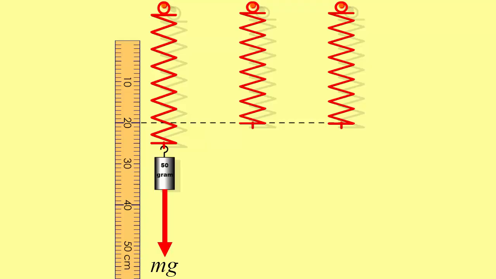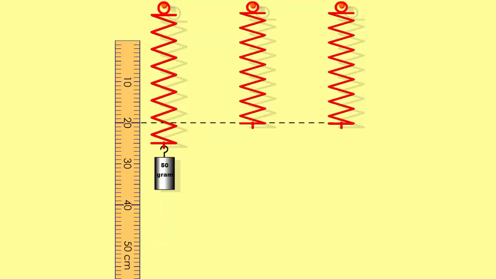This force is essentially the weight of the mass. So in effect, we've applied a force on the spring equal to the weight of the mass. This applied force causes the spring to stretch by 5 centimeters, so its displacement from its unstretched length is 0.05 meters. Using Hooke's law, determine the spring constant for this spring.